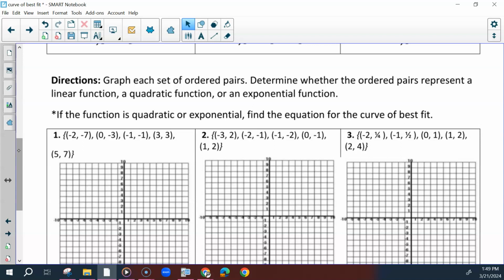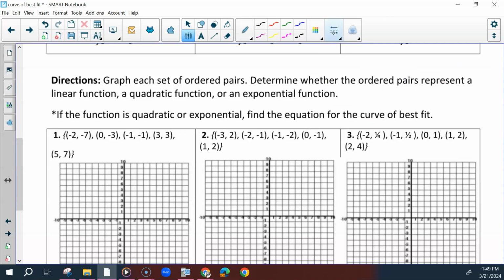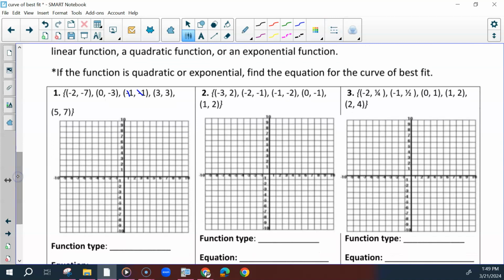There was a typo in number 1, so I'm just going to fix that really fast. This should have been 1, 1, not that. So I'm going to go ahead and graph all of the points first. And as I start to graph, you should be able to see what type of function it looks like. So we have -2, -7, 0, -3, 1, 1, 3, 3, 5, 7.